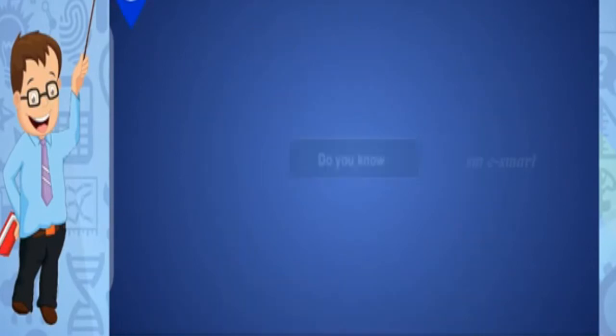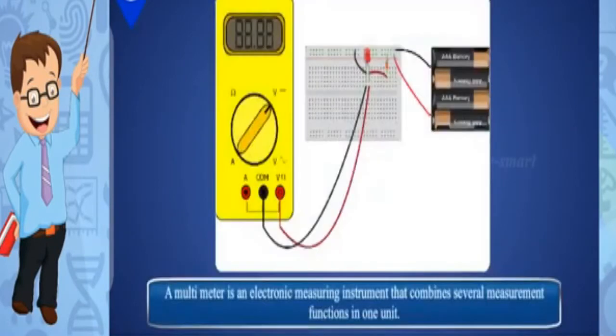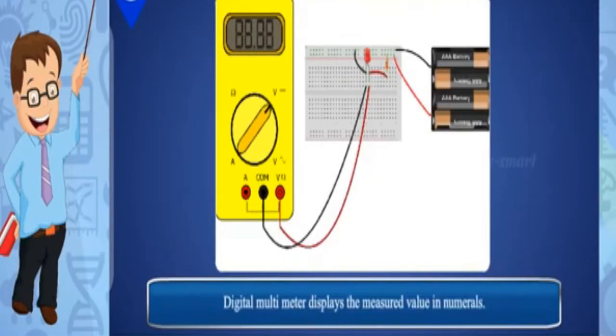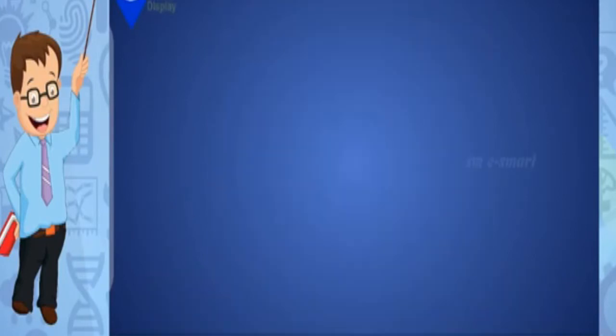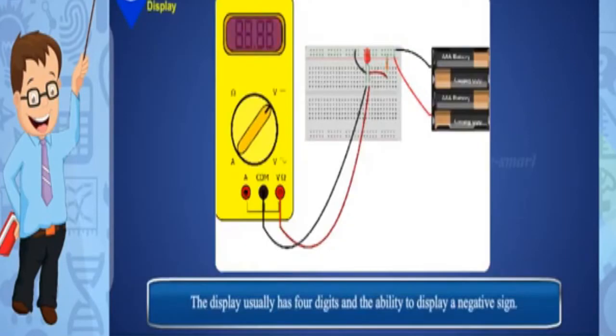Do you know? A multimeter is an electronic measuring instrument that combines several measurement functions in one unit. A digital multimeter displays the measured value in numerals. A multimeter has three parts. Display: the display usually has 4 digits and the ability to display a negative sign.